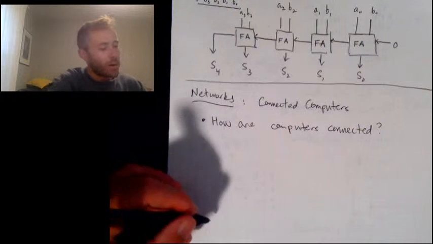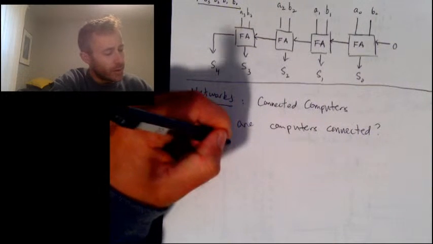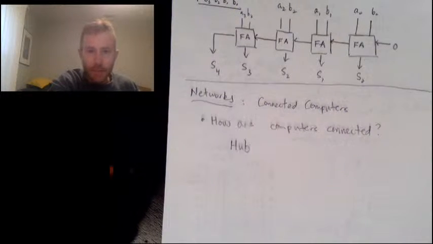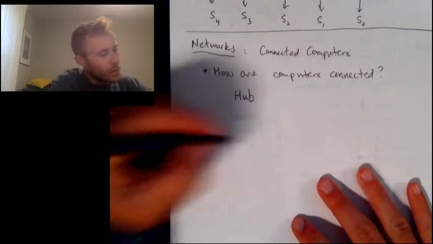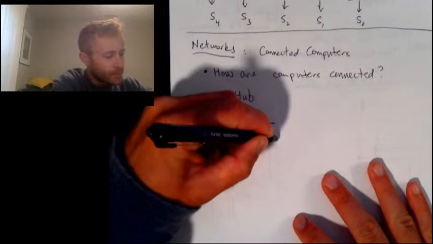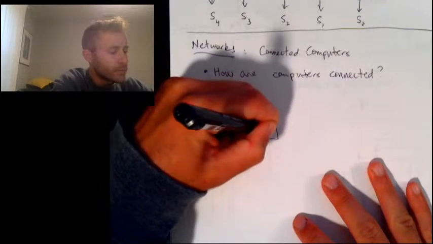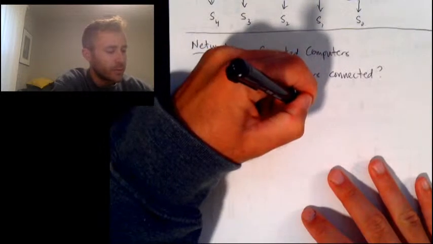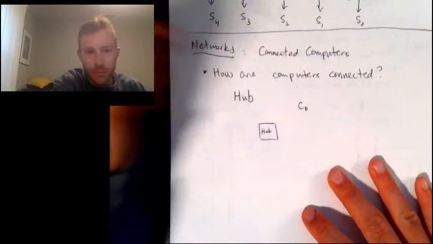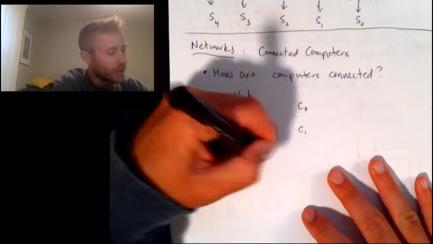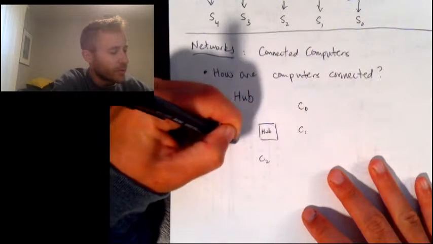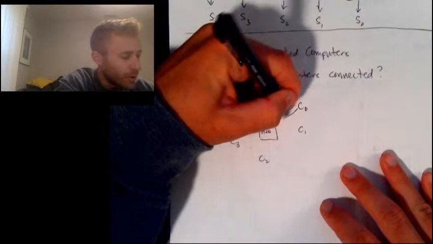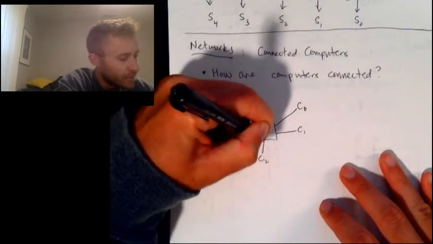The first type of connection is what's called a hub. So if we have a hub, and let's say we have 5 computers, C0 because we're in computer science, C1, C2, C3, C4, they're all connected to this hub.